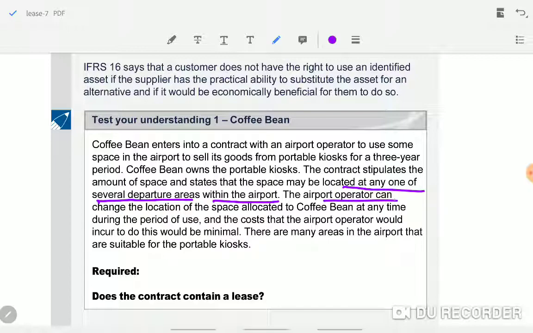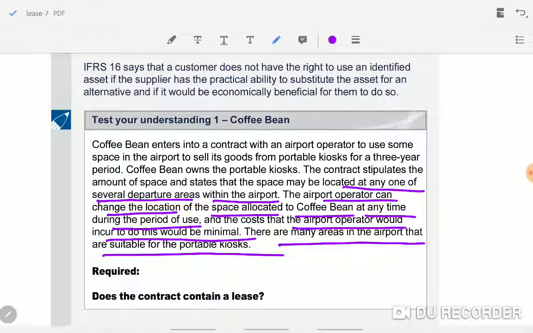The airport operator can change the location of the space allocated to Coffee Bean at any time during the period of use, and the cost that the airport operator would incur to do this would be minimal. There are many areas in the airport that are suitable for the portable kiosk. Does the contract contain a lease?